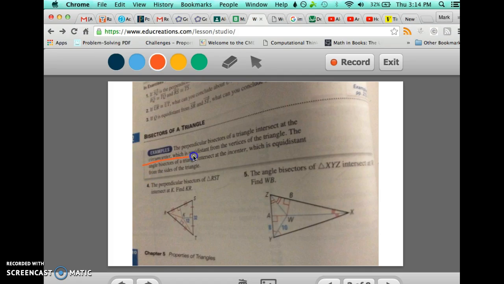So number 4 is about the circumcenter. Not to be confused with the angle bisectors, which intersect at the incenter, which are equidistant from the side. So BW here is equal to AW. But here, it's not these things that are equal, it's the length of the vertices. KT is congruent to KR.